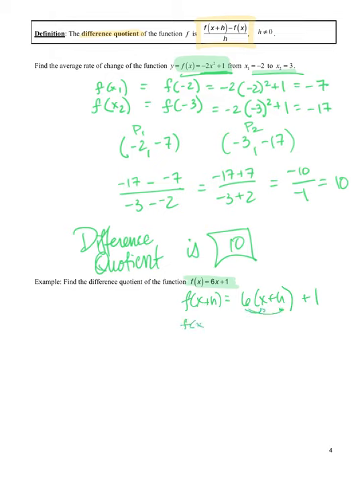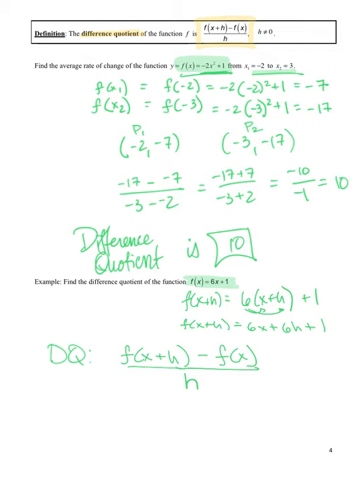So f of x plus h is 6x plus 6h plus 1. And then what was the difference quotient? It was change of y, the function evaluated at the second point minus the function evaluated at the first point, over h. And that's any h. Where is that h coming from? That h is just x plus h minus x. Well, these cancel each other out. That's where the h comes from, right?